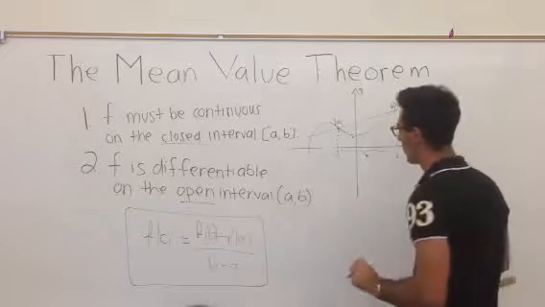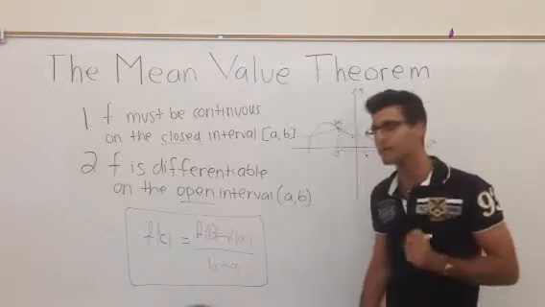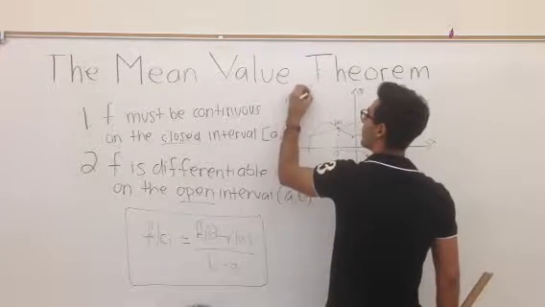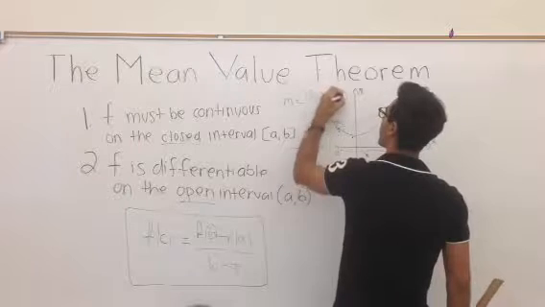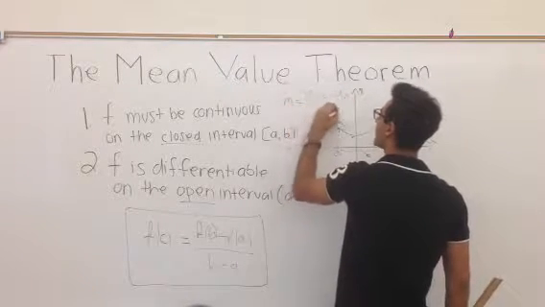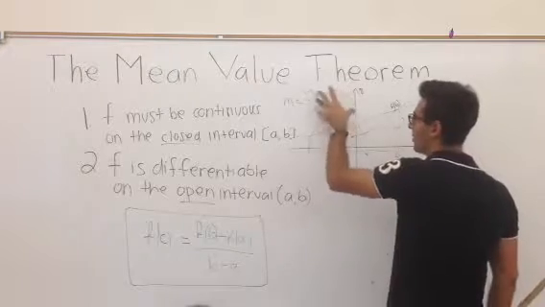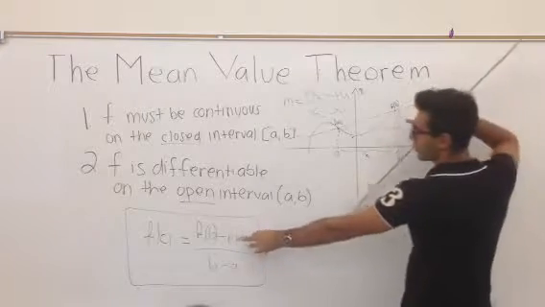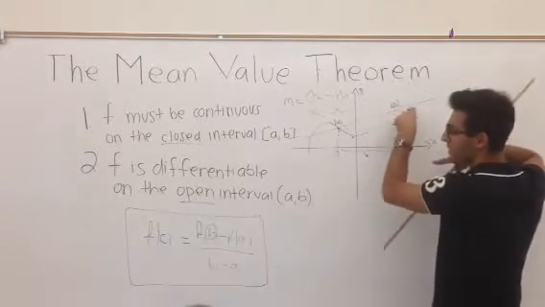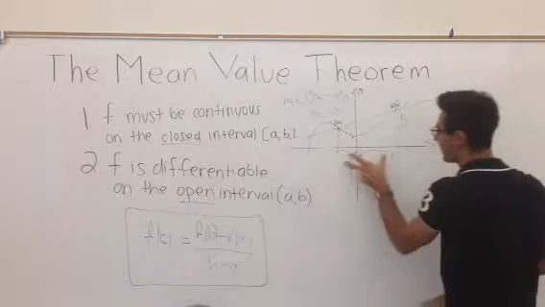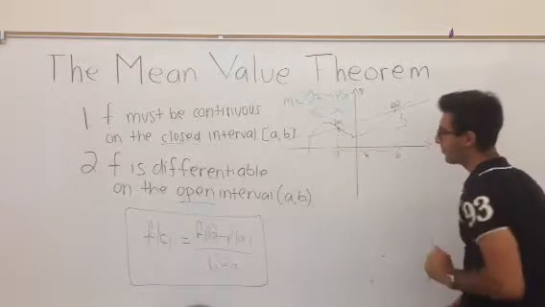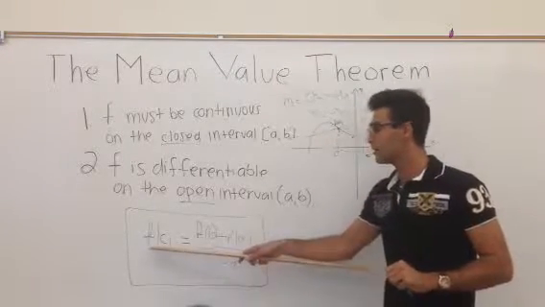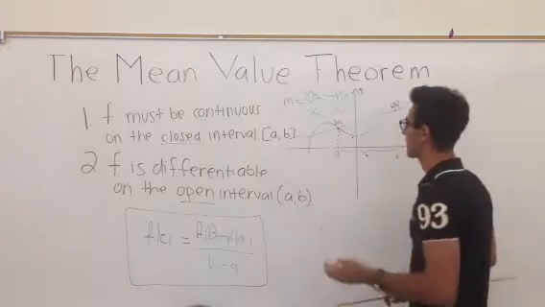and I take this difference, I get my run. Maybe you remember from your algebra classes this equation: m equals y sub 2 minus y sub 1 over x sub 2 minus x sub 1. This has the same meaning, because we're taking our f of b, subtracting our f of a, so we get the rise, and we're subtracting our a from our b, so we get this distance. So now we have our average slope. We also need the derivative of the function. Why is that?